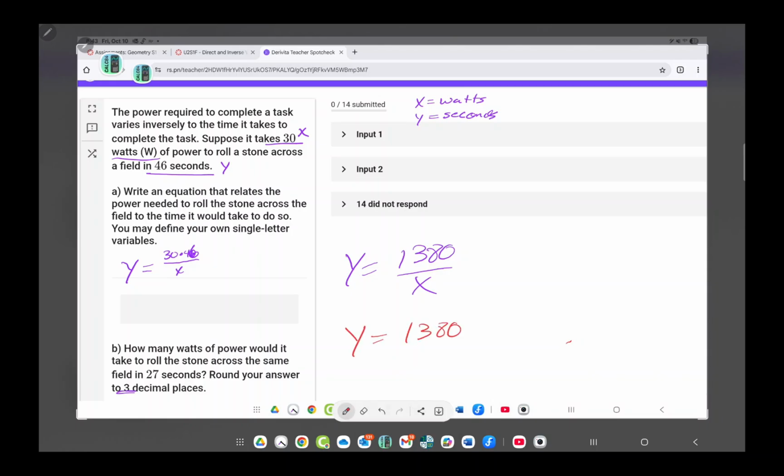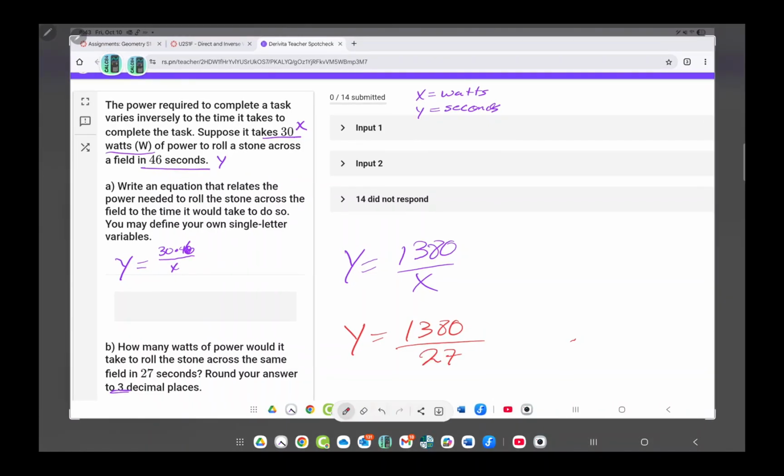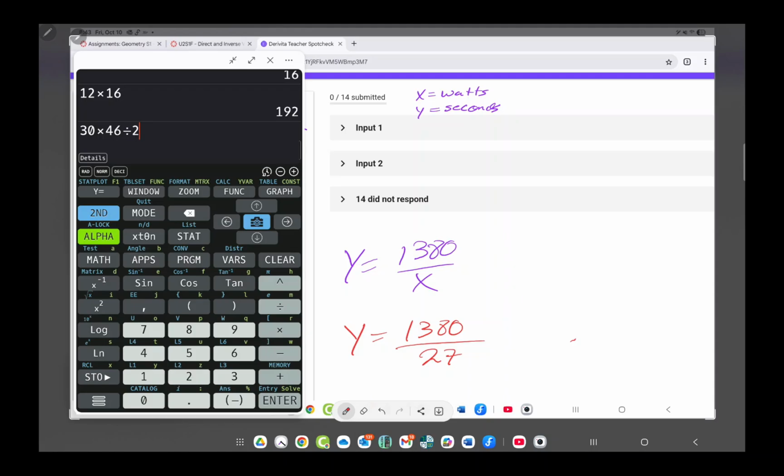Again, it doesn't really matter which one's watts and seconds in these cases. For inverse variation, it really doesn't make a difference because you're going to multiply them and then divide by the number they give you. So if we plug that in, divide that by 27, I get 51.111. Rounding to the third decimal, it's all ones, right?